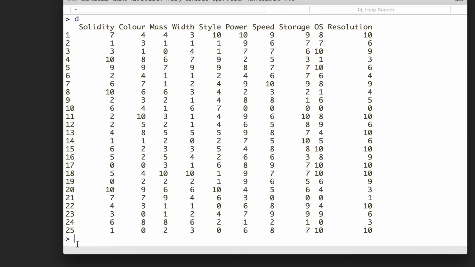But before we start this, there are a couple of things we need to check and a couple of packages we need to load.